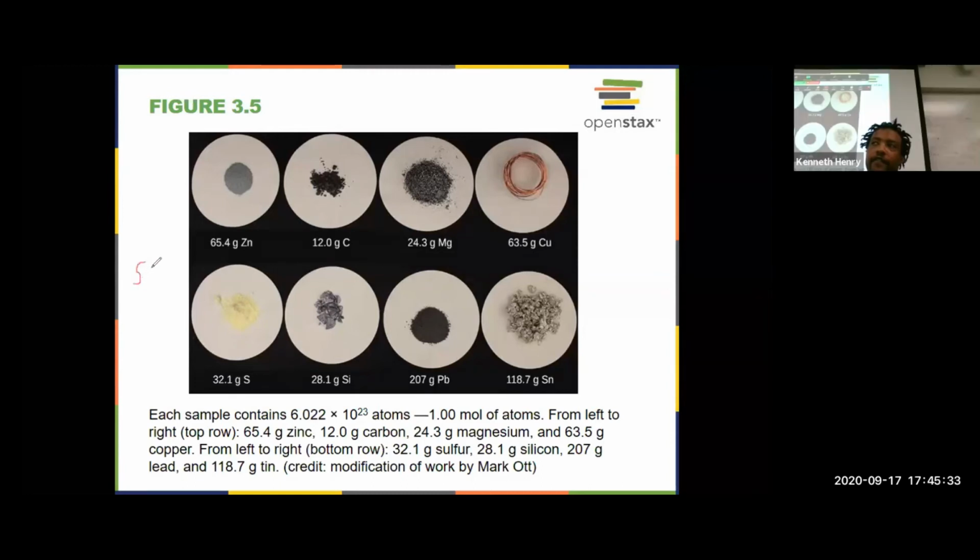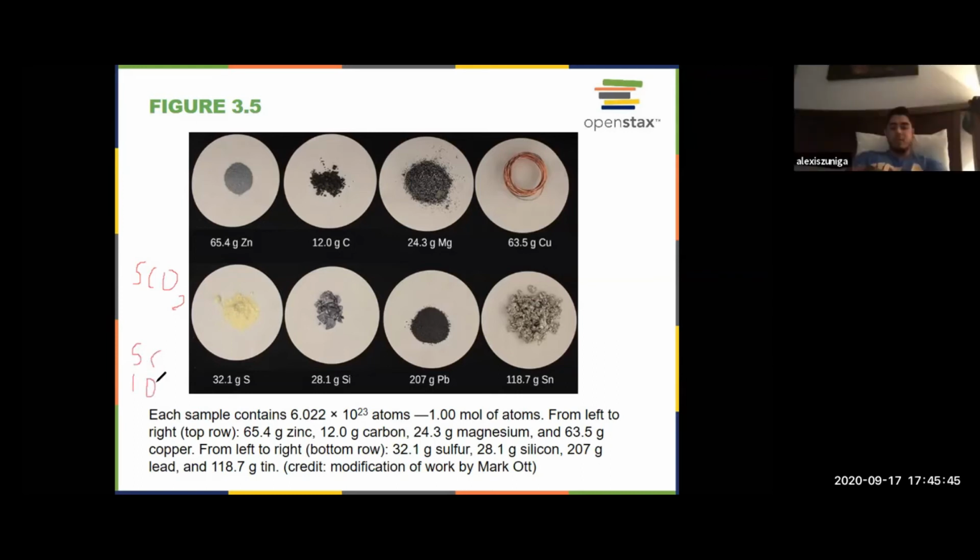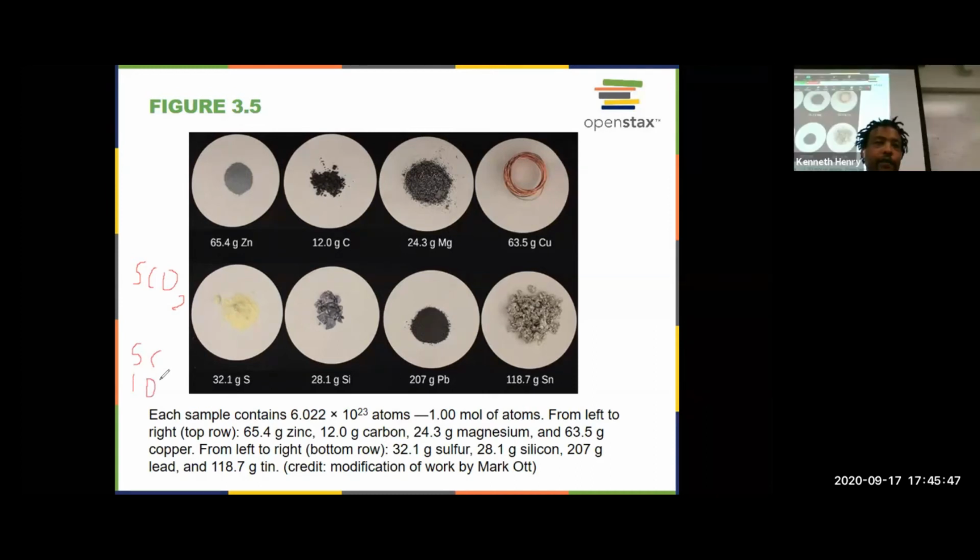So you have a 5 to 10 ratio. So a 5 to 10 ratio or a 1 to 2 ratio, the same thing as what we see here, isn't it? 5 to 10, 1 to 2.